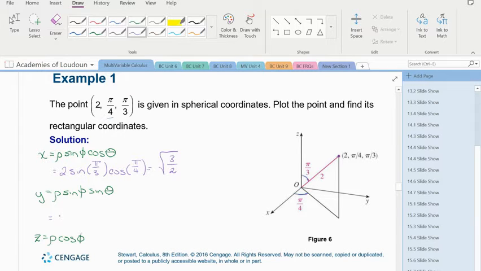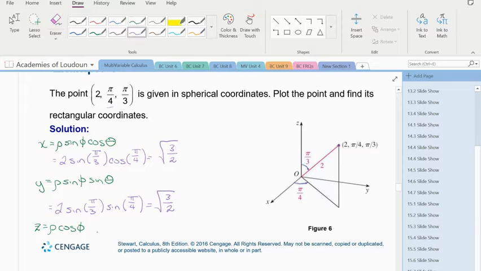For y, we have 2 times the sine of pi over 3 times the sine of pi over 4, which is also square root of 3 over 2. For z, we have 2 cosine of pi over 3, which gives us 1. Therefore, in rectangular coordinates, our point is (square root of 3 over 2, square root of 3 over 2, 1).